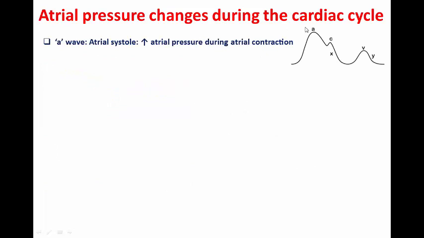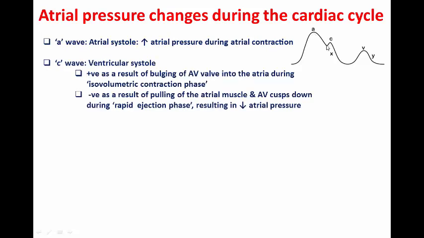The A wave in atrial pressure curve coincides with atrial systole, where we have an increase in atrial pressure during atrial contraction. The C wave coincides with ventricular systole, and it has got a positive wave as a result of bulging of the atrioventricular valves into the atria during the isovolumetric contraction phase.